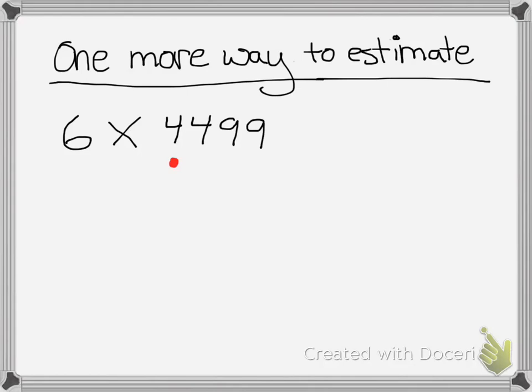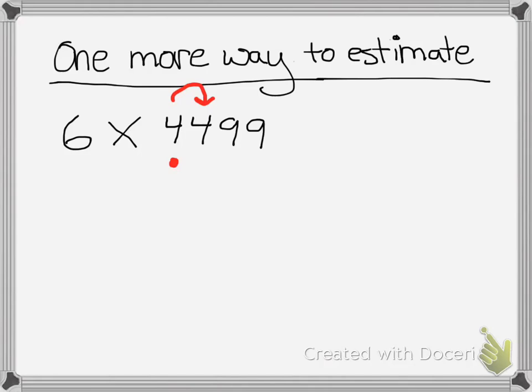Okay, so if I was going to round 4,499 to the nearest 1,000, I would round it to 4,000 because the boss is telling me 4 or below, let it go.